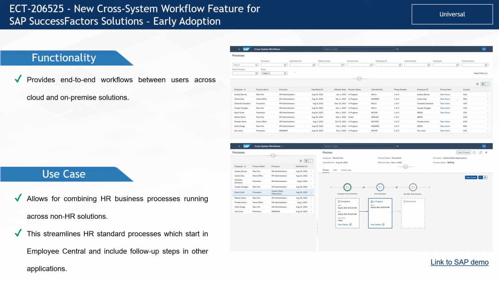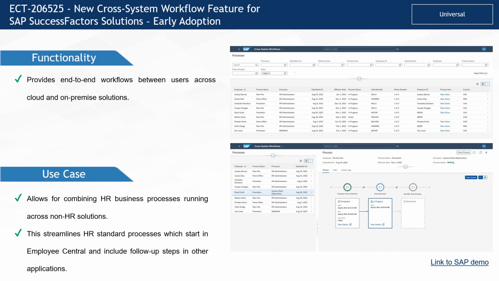This next update is also an early adoption feature, and this is a new cross-system workflow feature that provides end-to-end workflows between users across cloud and on-premise solutions. So this is a really key feature for those with hybrid landscapes spanning on-premise and cloud applications, as it reduces the need for users to monitor multiple work lists in different applications. This feature will allow for combining HR business processes running across non-HR solutions, including third-party applications.